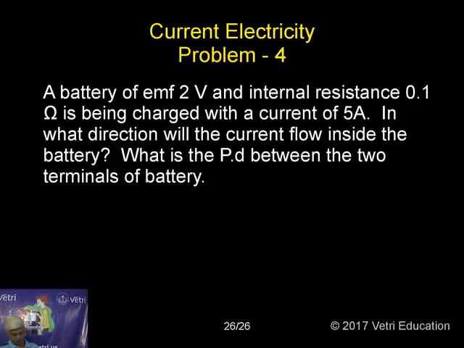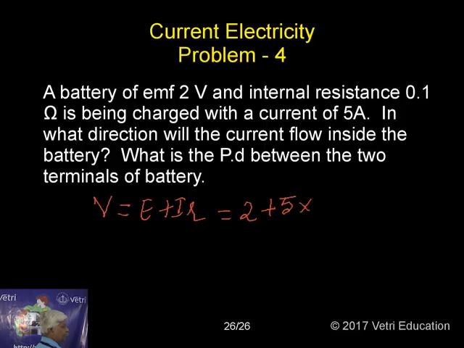This is also a very important problem. So here the internal resistance of the cell, we know V is equal to E plus IR. I have given it in the notes itself. That is equal to 2 plus current is 5 ampere, resistance is 0.1, that is equal to 2.5 volt. This is the voltage. Am I correct?